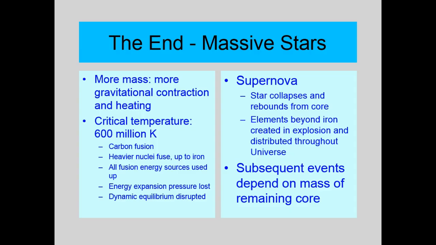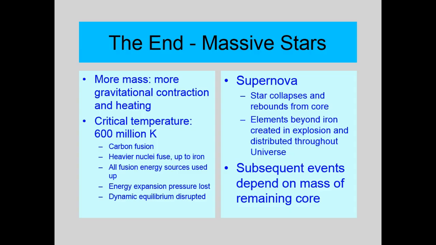The more the gravitational contraction, the greater the heat in the core. The greater the heat in the core, the more rapidly the fusion reactions occur. Okay? The critical temperature there is around 600 million K.